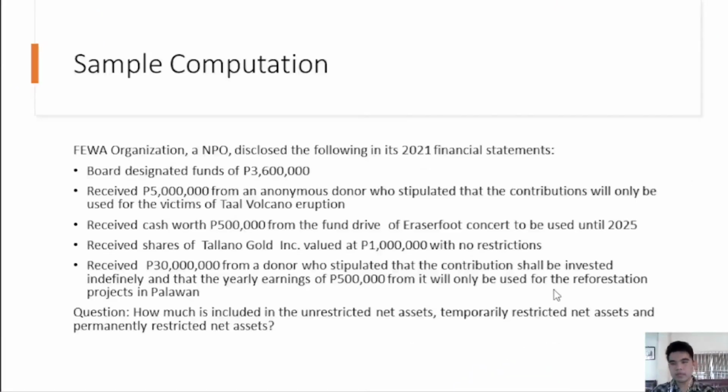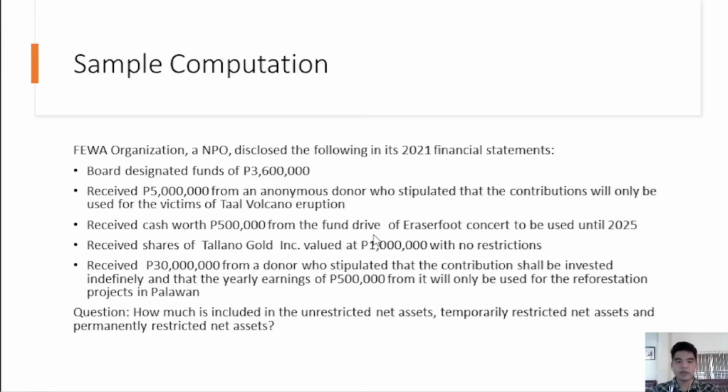Now, maybe some of you still don't understand much of this topic. That's why I've come up with this simple computation. FEWA organization, a non-profit organization, disclosed the following in its 2021 financial statements. Board-designated funds of 3,600,000. Received 5 million from an anonymous donor who stipulated that the contribution will only be used for the victims of the Taal volcano eruption.